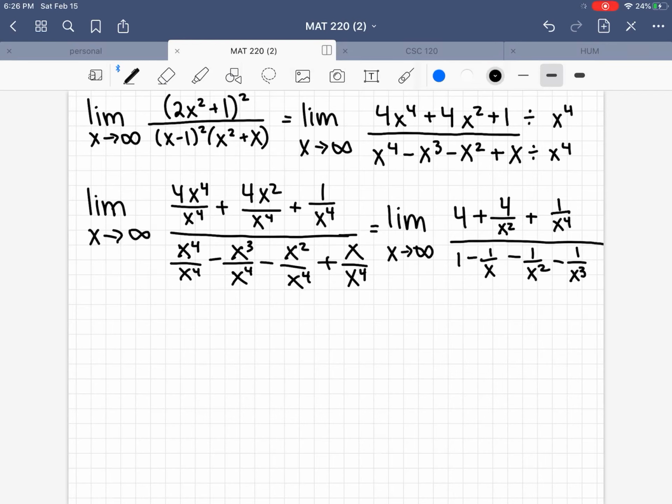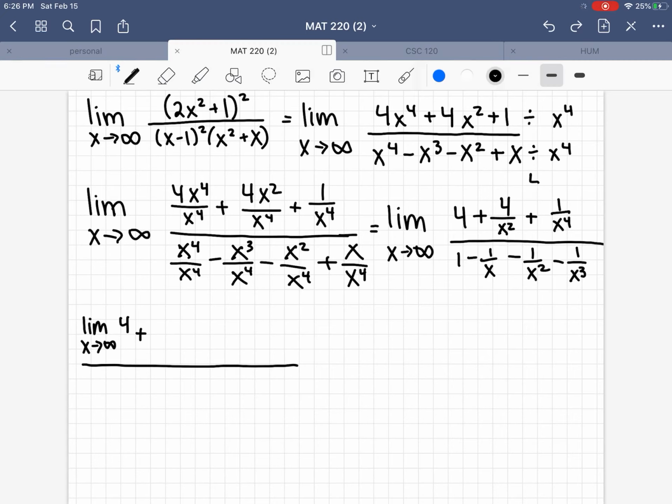So now from here, we can go ahead and use our limit laws. So if we write in each of those limit laws, it's going to look like this. Save us some space. Make our fraction bar. There we go. So the limit as x approaches infinity of 4 plus, and for this one here, this is really the same as saying that we have 4 times 1 over x squared.